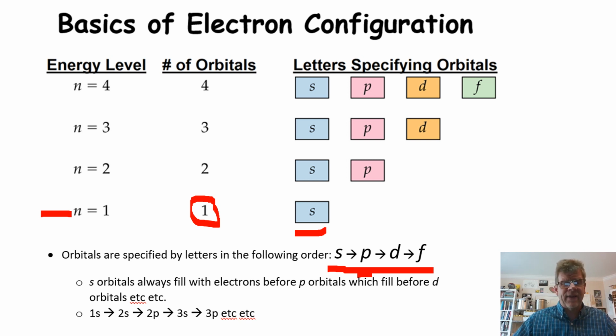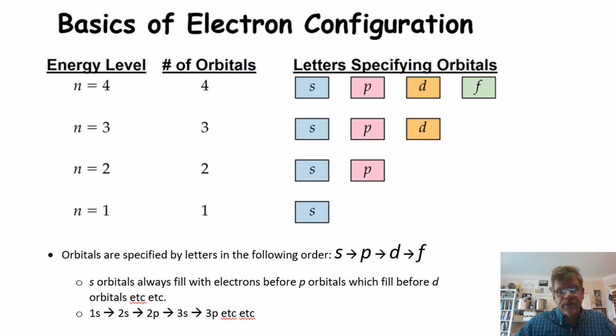We only have one s. Fair enough. That would mean when we fill that s orbital, energy level 1 is complete. And then we move to energy level 2. And we know that energy level 2 has a total of 2 orbitals within it. It always starts with the s, given as 2s, and then the p orbital, 2p.